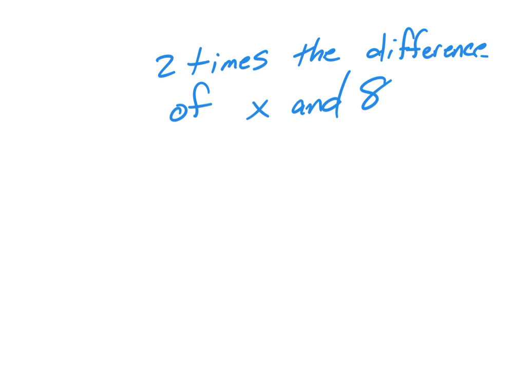How do I write that as an expression? What does difference mean? Subtraction. So I'm taking x minus 8 because difference means subtraction. Okay? If I want to double that or take twice of that, what am I going to have to do? I got to multiply by 2.